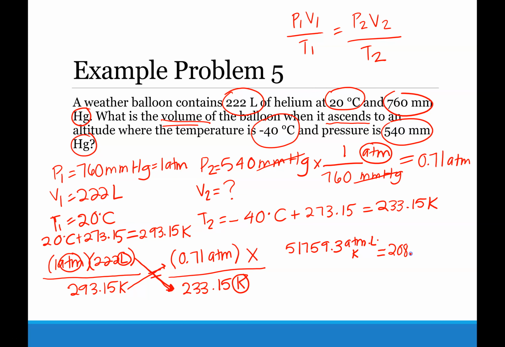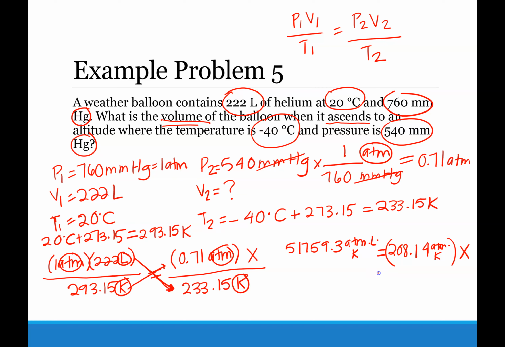It's 208.136, so we'll go with 208.14. And the x doesn't go anywhere, and neither do the units. So this is going to be ATM Kelvin times x. And so that's how you cross multiply, and you end up with the same straight line equation that you would working this problem that we did the previous way.